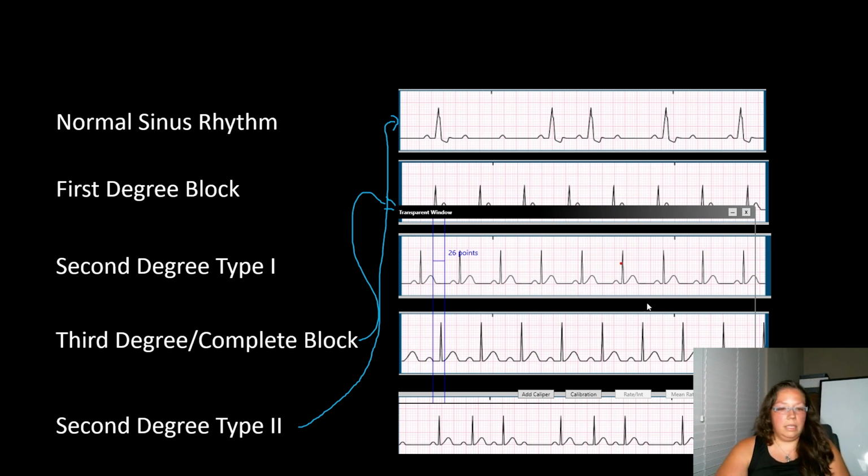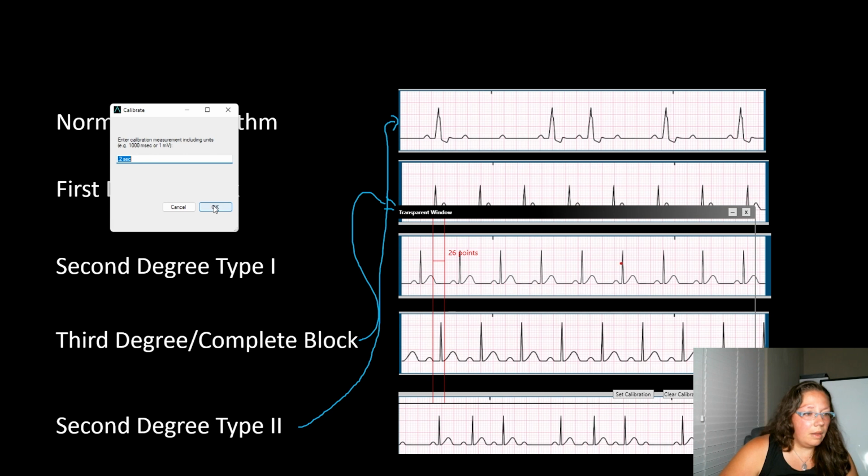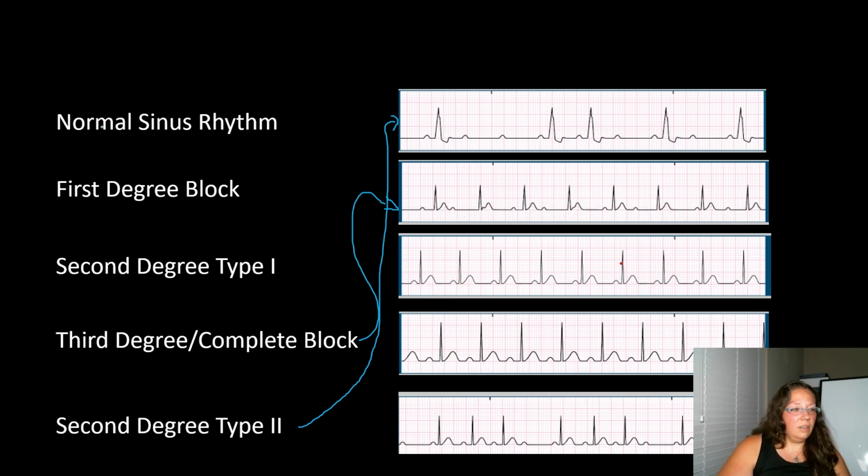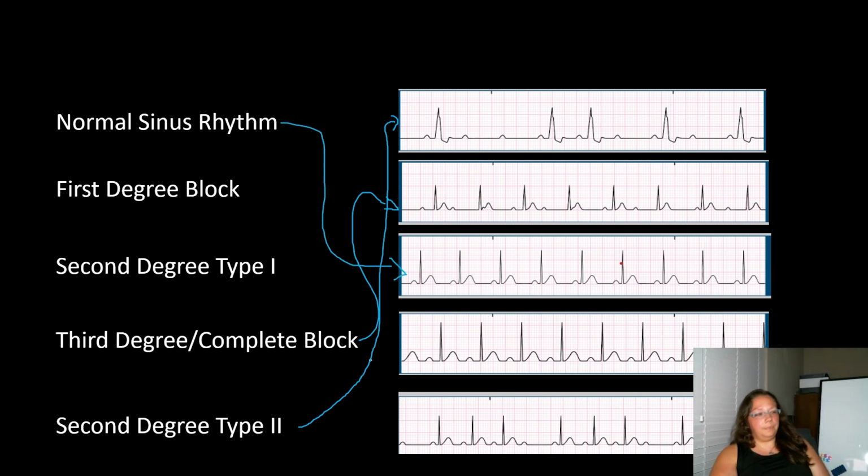All right, let's calibrate this puppy. All right, and we measure the PR interval, 0.13. Less than 0.2, you're good to go. So what rhythm is this? If you said normal sinus, you are correct.